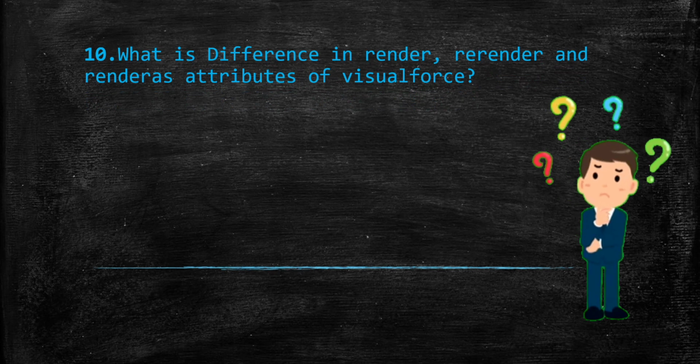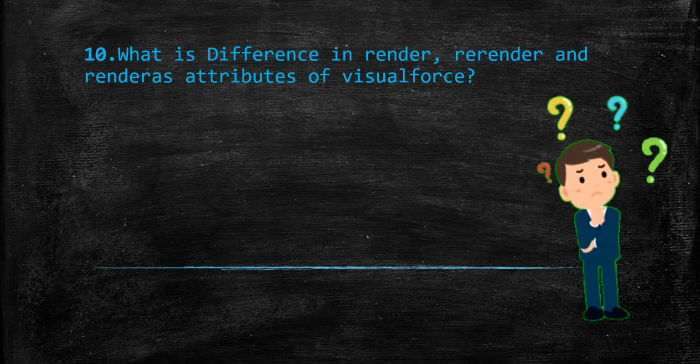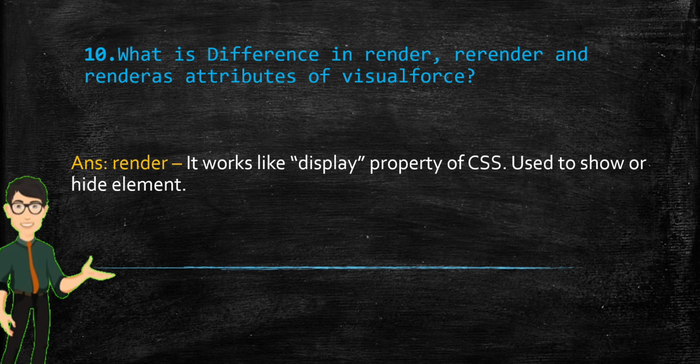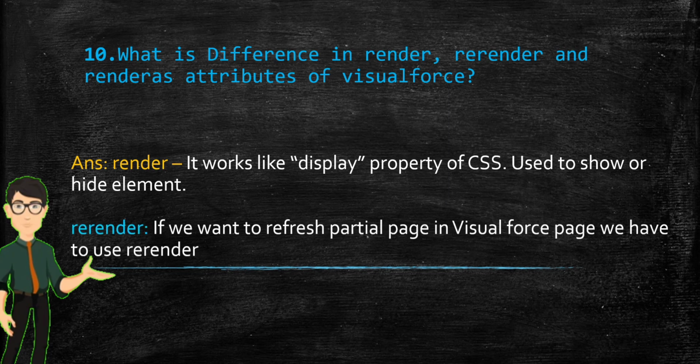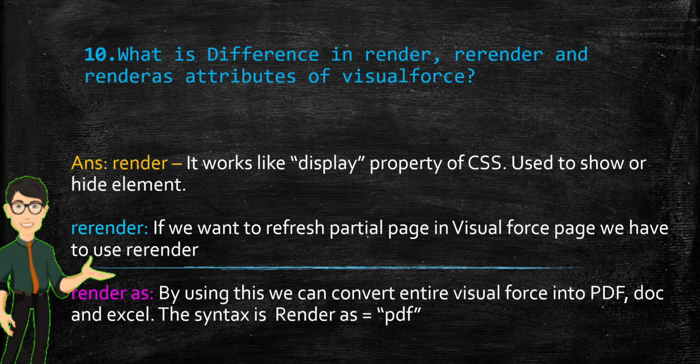Okay, what is the difference between render, rerender, and renderAs attributes in a Visualforce page? Render works like the display property of CSS, used to show and hide the element. Rerender is used if we want to refresh part of the page in Visualforce. And renderAs lets us convert the entire Visualforce page into a PDF, doc, or Excel, with the syntax renderAs equals pdf.